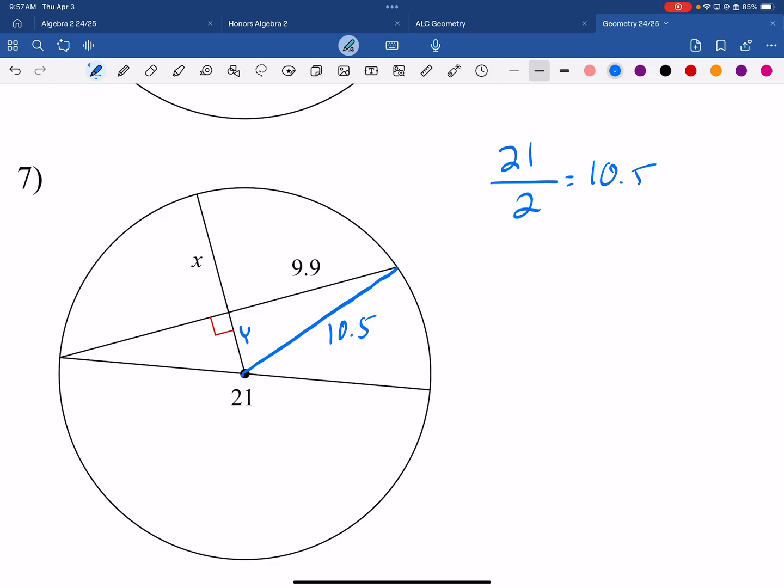All right, let's take a look. So Pythagorean theorem, y squared plus 9.9 squared equals 10.5 squared.